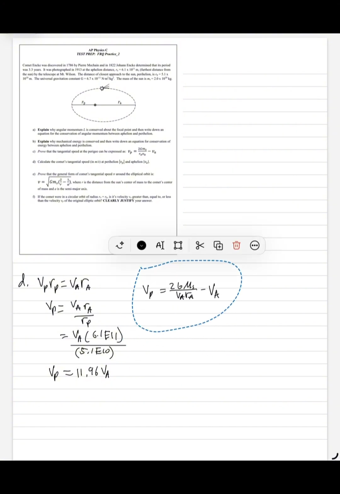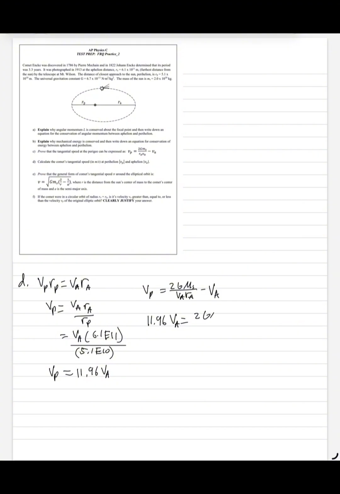I can use this function now. So 11.96. I'll move the V A from the right side to the left side. And I'll multiply V A by both sides so I can move the V A at the bottom over to the left side.